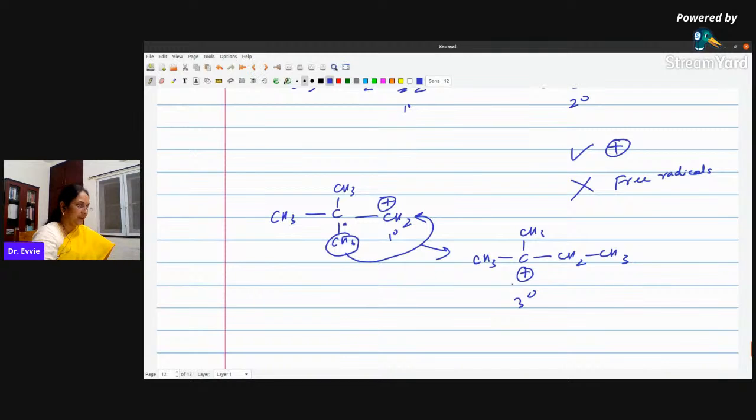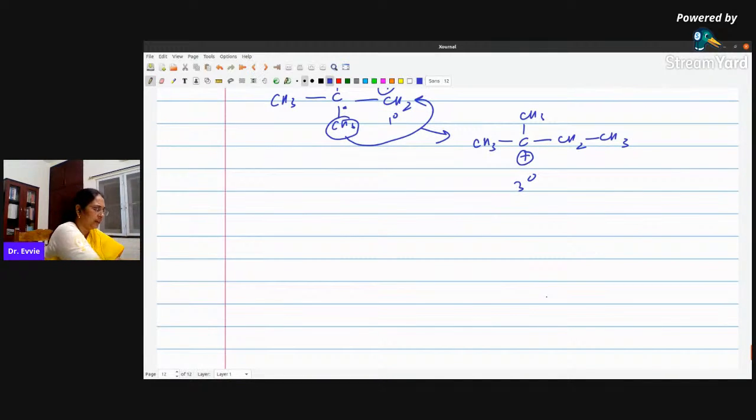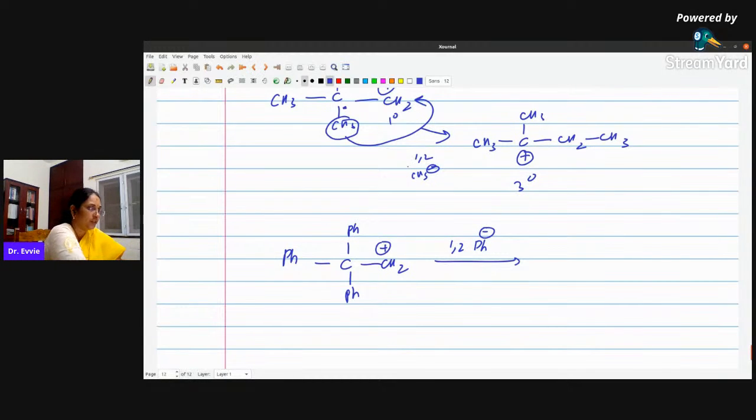Now let us see even a phenyl compound. Ph means it's a benzene ring. Ph, CH2. Here there can be a 1,2 methyl shift, and here a 1,2 Ph minus shift. All are minus charge. So what will be the product? Ph C Ph CH2 Ph.